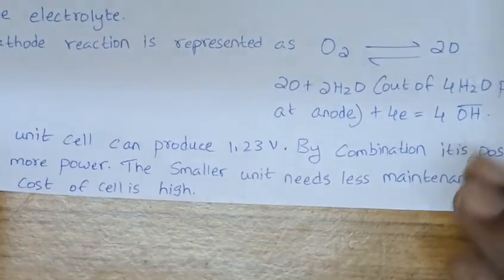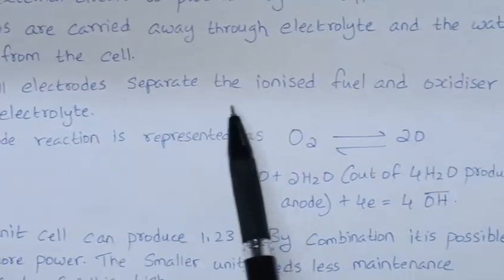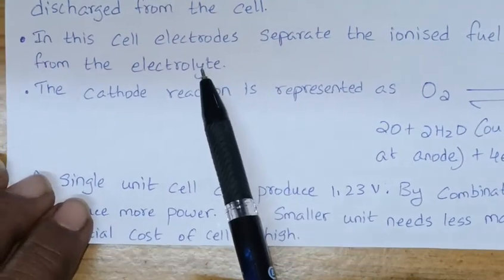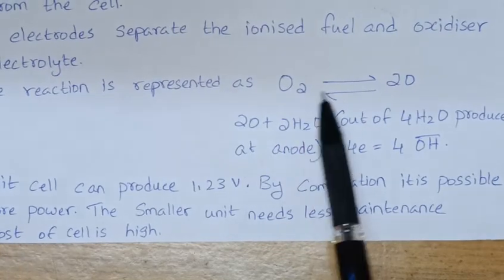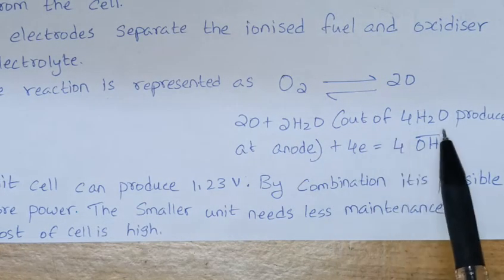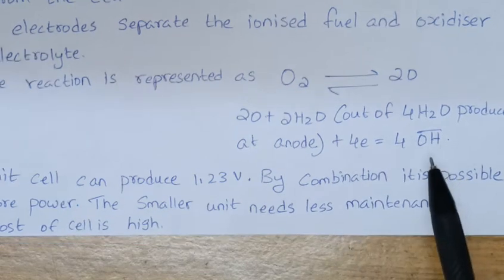So in this cell, electrodes separate the ionized fuel and oxidizer from the electrolyte. The cathode reaction is represented as O2 gives 2O, and 2O plus 2H2O, that is out of the 4H2O produced at the anode, plus 4e is equal to 4OH, right?